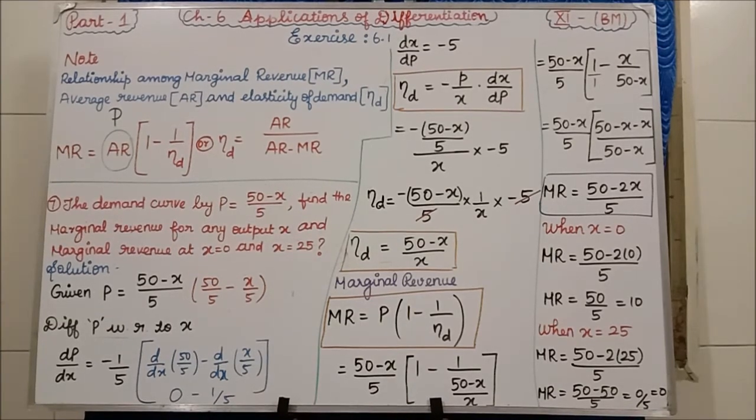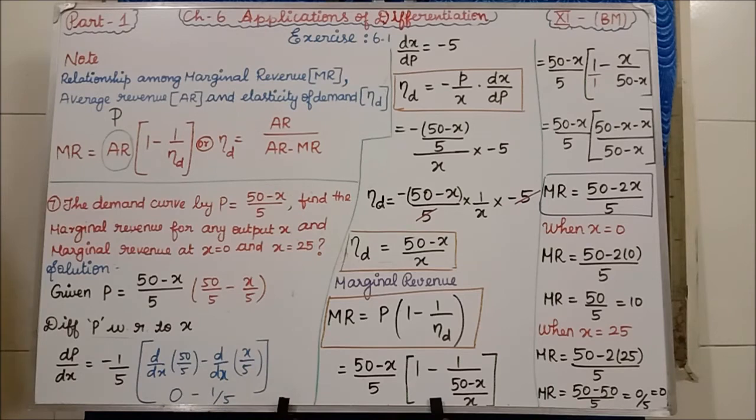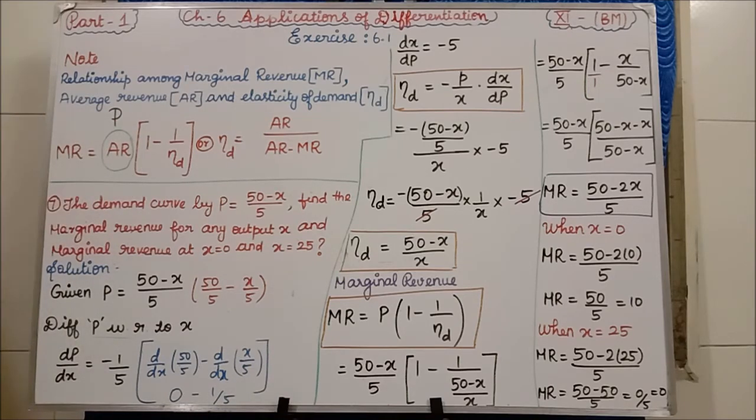Now, since we know average revenue and the price are the same, isn't it? So in the place of average revenue, you can use price also. Okay, if in the question they have given average revenue, you write this formula. If they have given price, then instead of average revenue, you use P. Clear the formula? Clear?